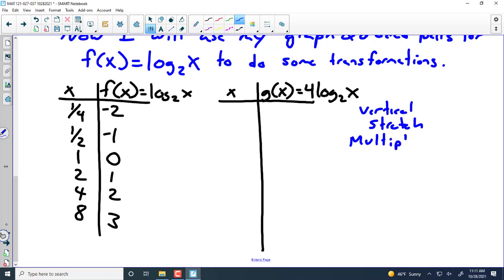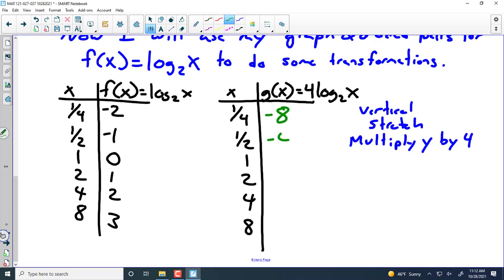Multiply y by 4. This would not change the x values at all. What it would do is multiply all the y values by 4. It would stretch out the graph.